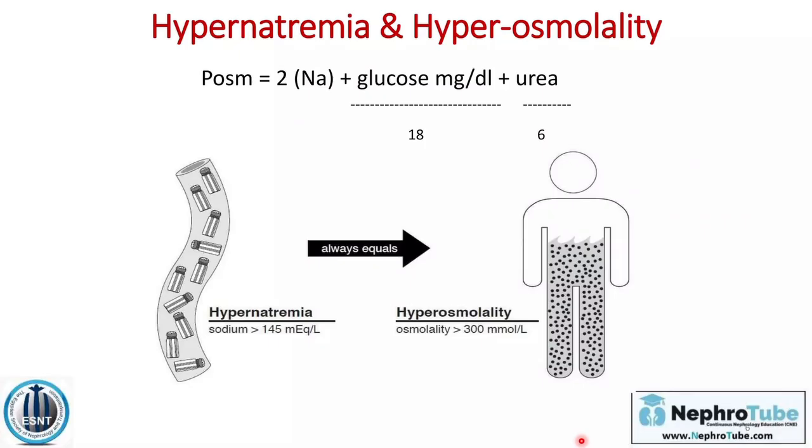Whenever there is hypernatremia, I have told you what plasma osmolality is: it is 2 times the sodium, the concentration of solute in the fluid. If there is hypernatremia, automatically the plasma osmolality will increase. So this is also important.